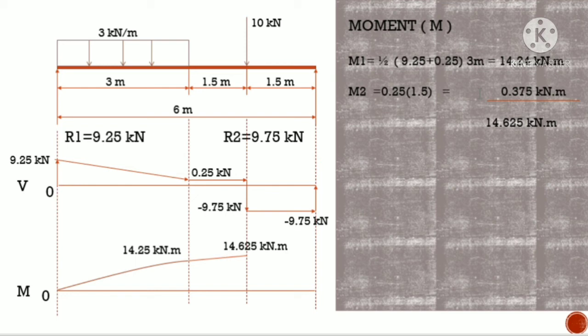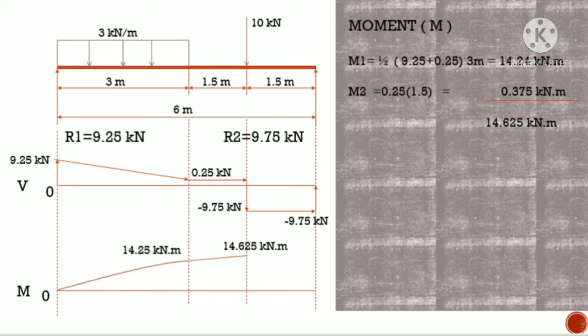Kasi but this time ang result niya is positive. So i-add natin. So we have 14.625 kilonewton meter. Kung mapapansin niyo umaangat siya. Ito 14.25, ito naman 14.625, tumaas ang moment. Okay?